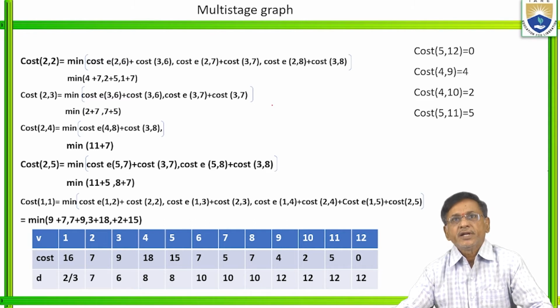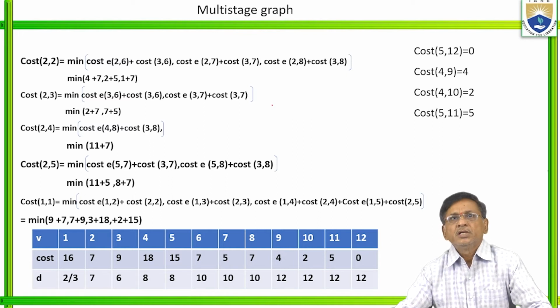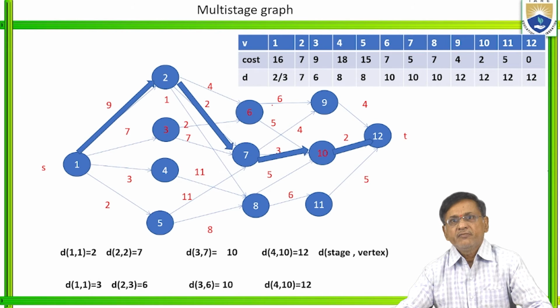So we are getting two values, one is 9, another one is 12. In that we have to select the minimum value. The minimum value is 9, corresponding to vertex 3 and destination 6. Then the next path is from vertex 4.